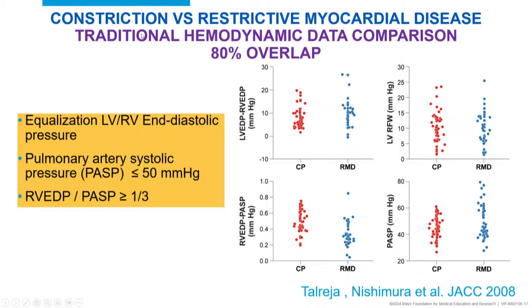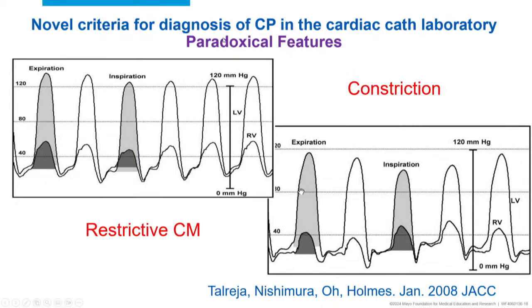Okay, so now Dr. Nishimura did this with Dr. Talreja when he was a fellow, and those two patients are almost identical in terms of the equalization of LV and RV, but in restriction, there's no discordance. It's a concordant change: LV and RV pressure decreases with inspiration, as we see, and then increases with expiration.